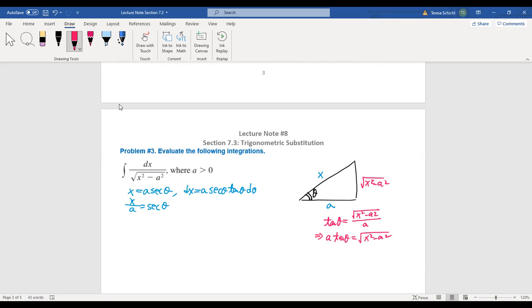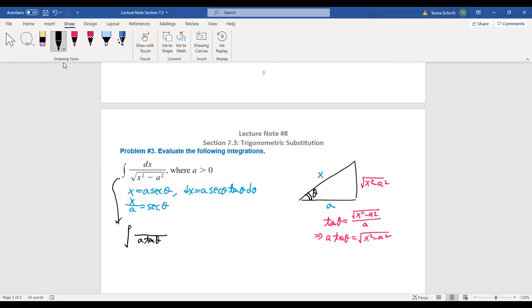Okay, so now I've got everything I need, so I can start to switch. The square root of x squared minus a squared, what is that? It's a tangent, right? So I have a tangent theta here.